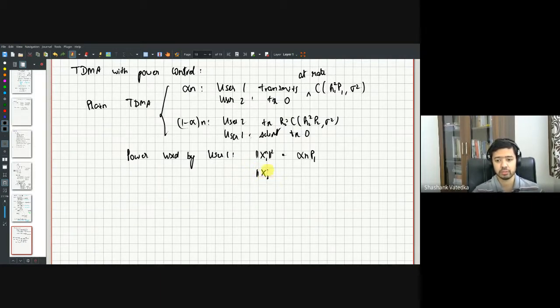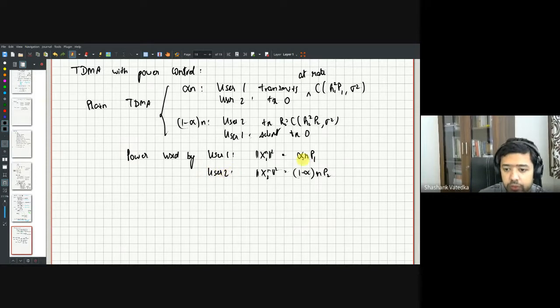And similarly, norm of x2 square is 1 minus alpha times n times P2, right? This is for user 2. So you're not making full utilization of all the resources. The power is underutilized.